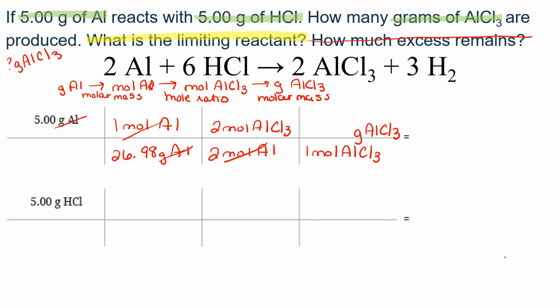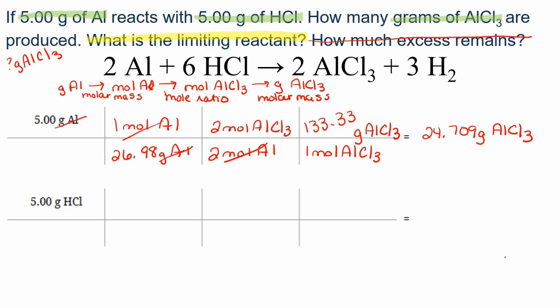I'm going to need to get that number from my balanced equation or from my periodic table. And my periodic table is going to tell me that it's 133.33 grams of aluminum chloride. And when I put that all in my calculator, I get 24.709 grams of aluminum chloride.